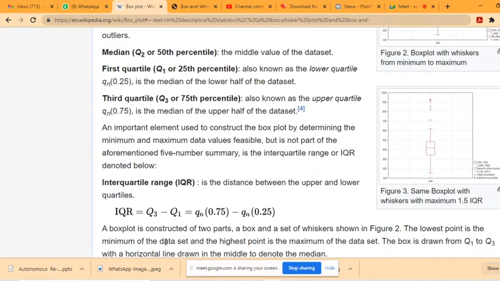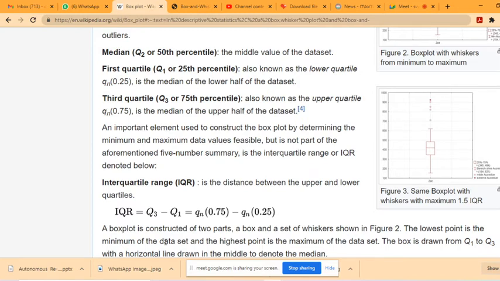First quartile means the point at which the 25th observation comes; at or below that Q1 we will have 25% of the observations, and after that Q1 we will have 75% of the observations. So that cutting point is called the first quartile.